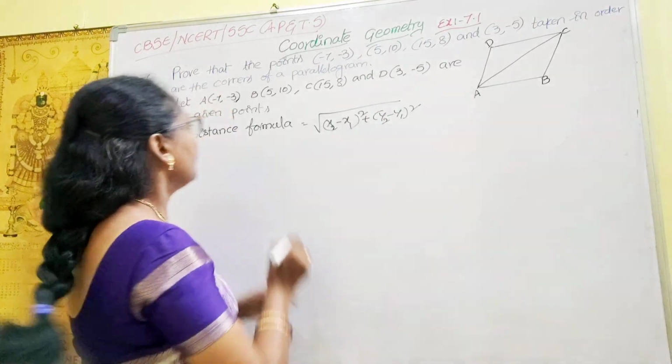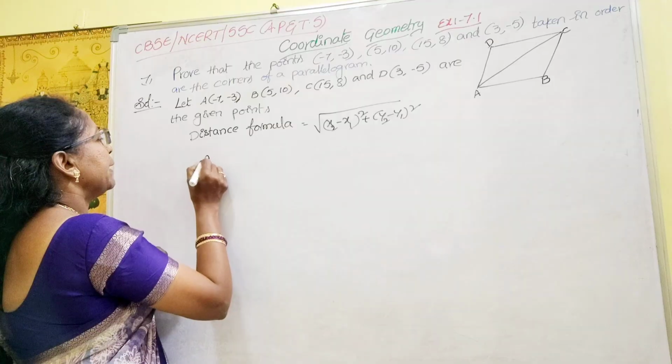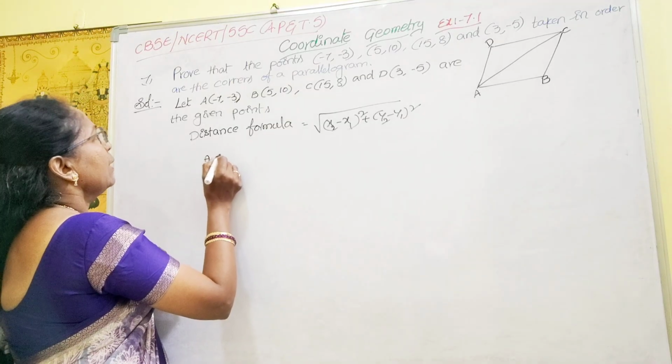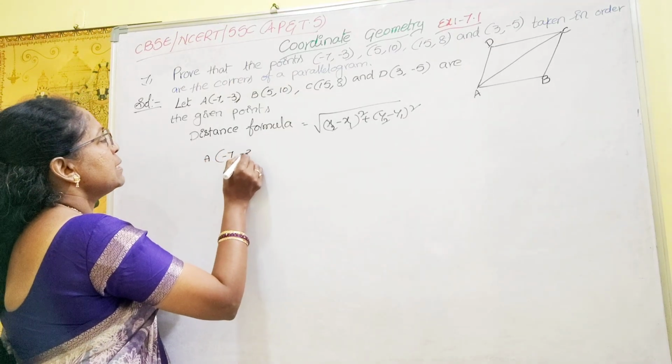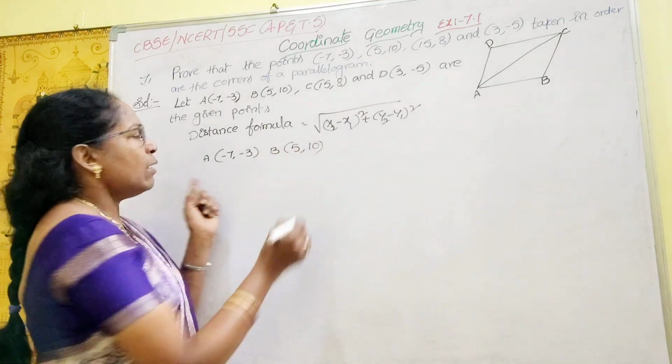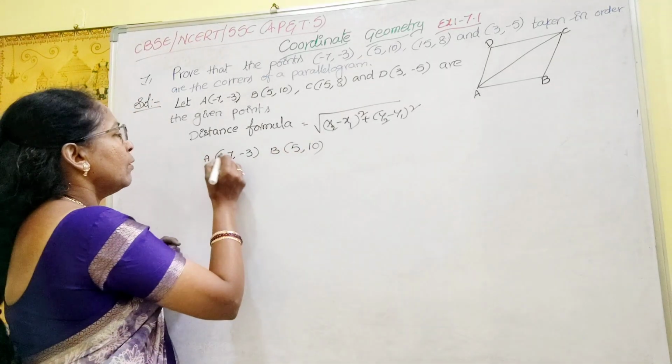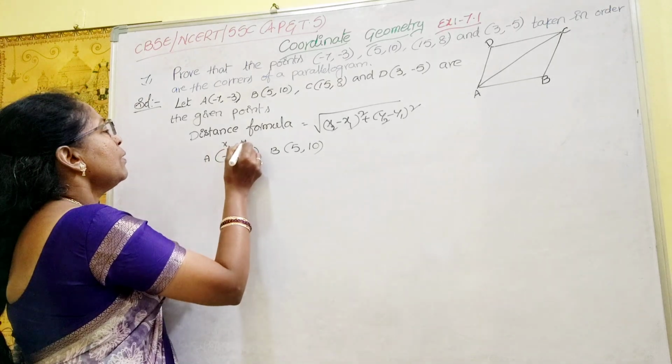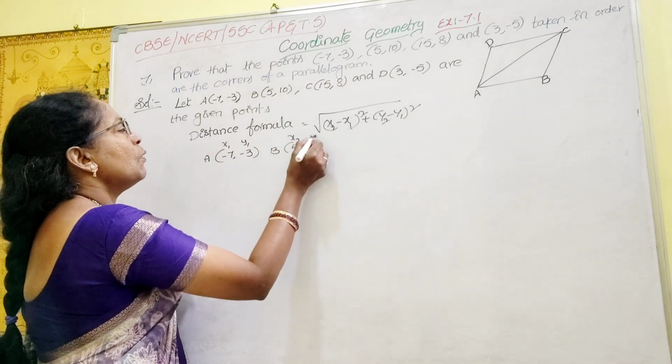This is the formula. In the first distance AB, the A point is minus 7, minus 3 and the B point is 5, 10. Consider the A and B points. Now you have to represent x1, y1, x2, y2.